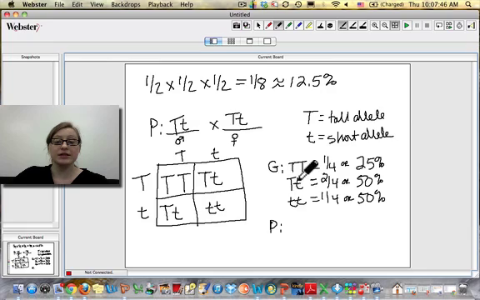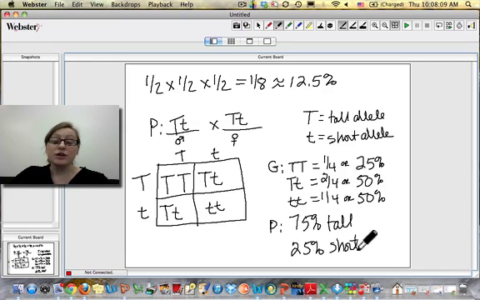Big T, little t, the heterozygous condition will also express the dominant tall trait. So we take their percentages and add them together, and we would say there's a 75% chance of having tall offspring and a 25% chance of having short offspring.